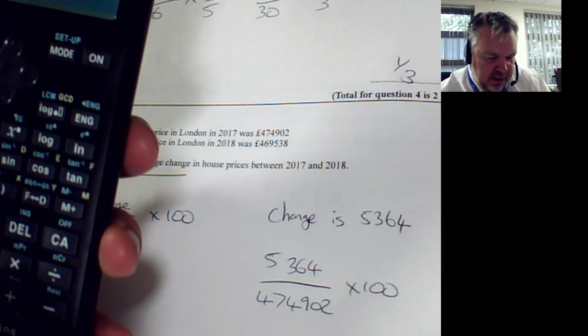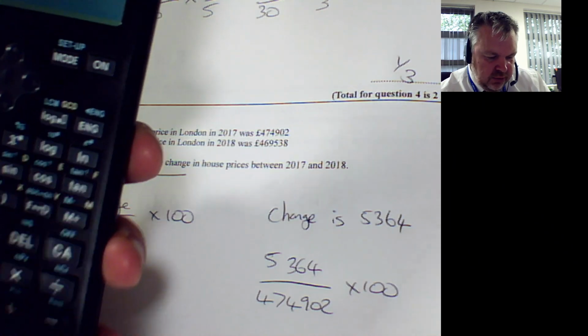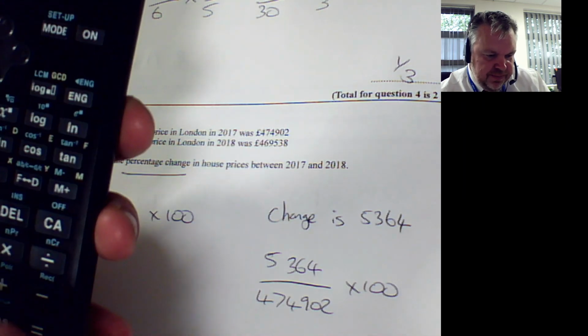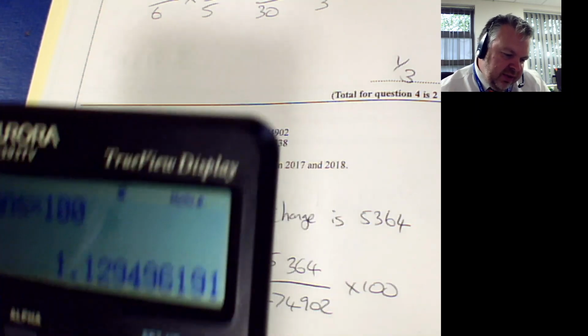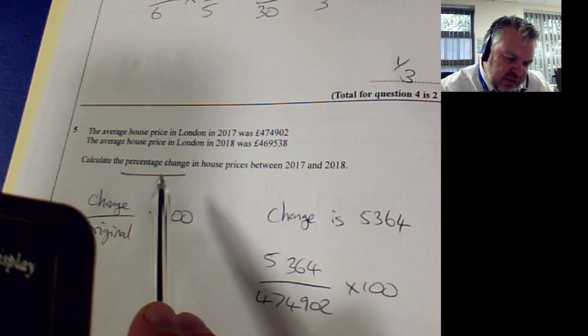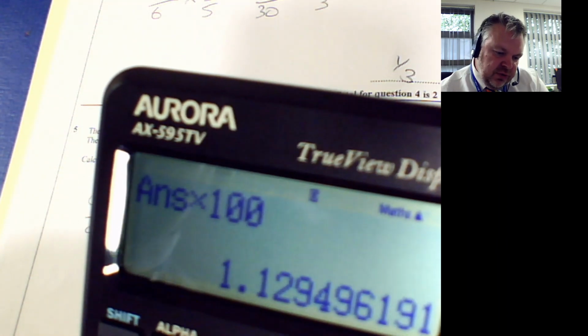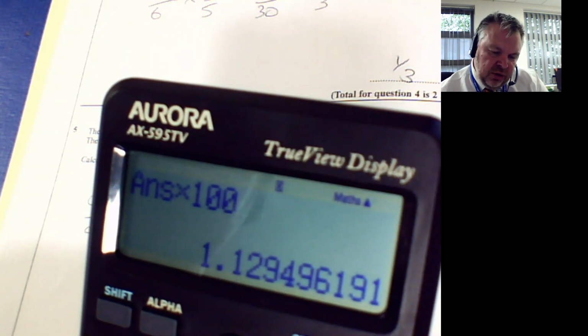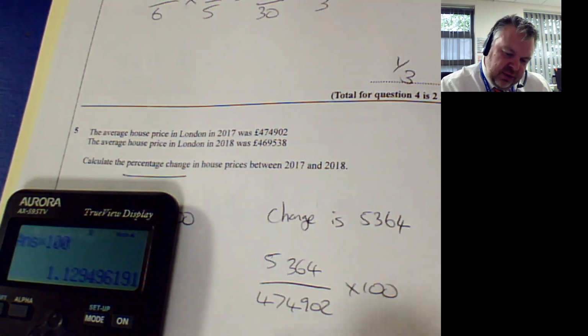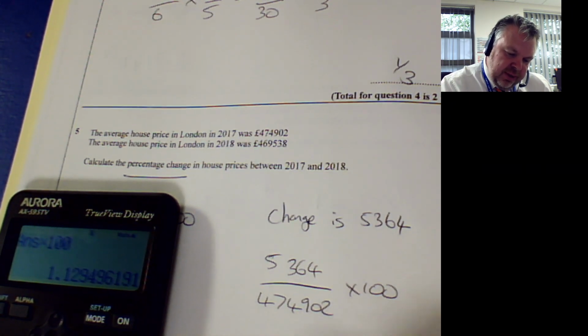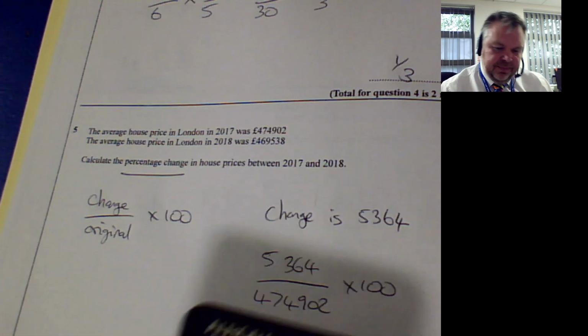So divide by 474902 times by 100, and we've got this. And again, I'm just checking that there is nothing in the question that says to what number of decimal places. We've got 1.13. I'm going to round it to 1.13%. Okay, let's keep going.